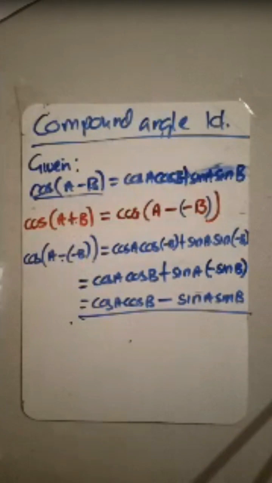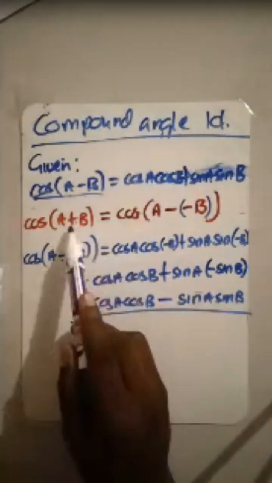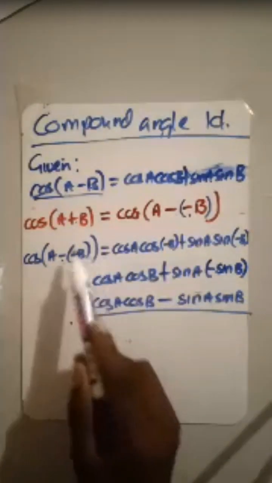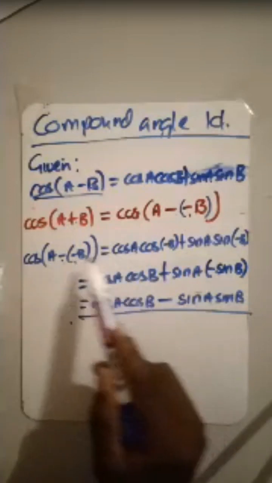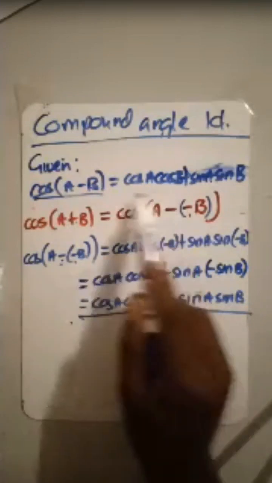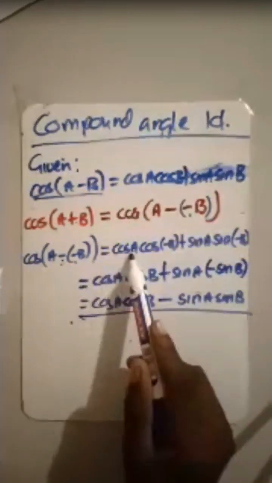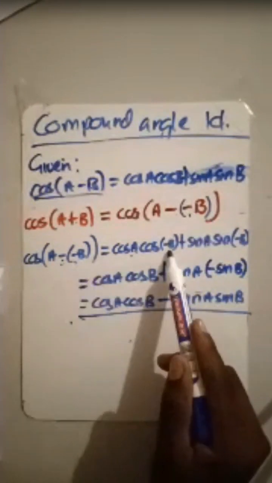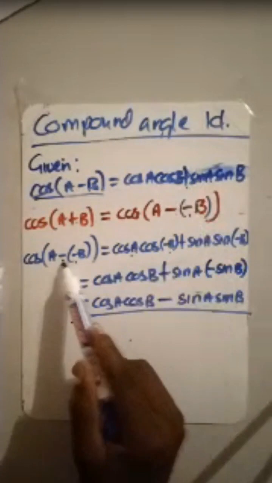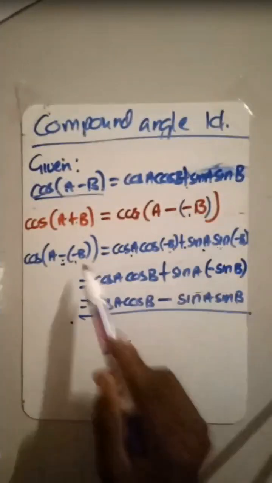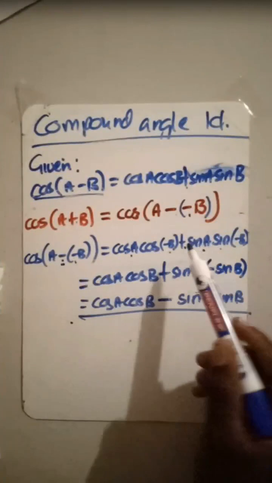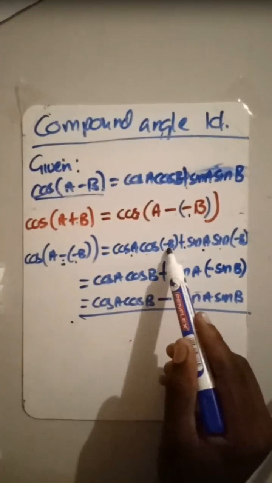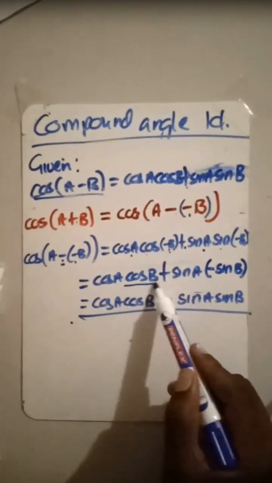Did you get that? So it's a matter of knowing that positive and negative gives negative, and negative and negative gives positive. Then we put the letter, this one negative B, in brackets like that. So we use that expansion there, which is going to be cos A, cos of the angle we are having there, which is no longer B but negative B. So cos negative B. Then plus, because we are having a negative there, plus sine A, sine of negative B. Then we used our knowledge of reduction: if it's negative and it's cos there, then this is the fourth quadrant, and cos in the fourth quadrant is positive.